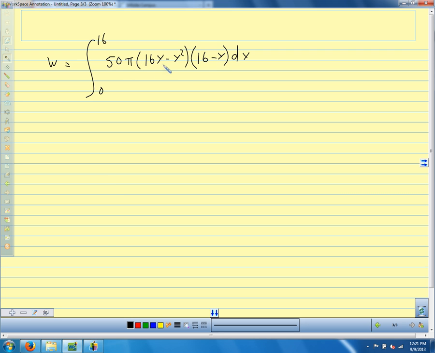So 50 pi times (16y minus y squared) dy is the weight of the slab. We're moving that slab 16 minus y units.